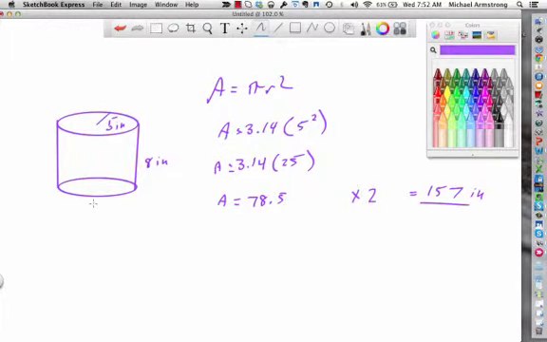That seems like a lot. Well, apparently it is, because it's 10 inches across. If this were a square, it would be 100, and 100 twice is 200 inches squared.